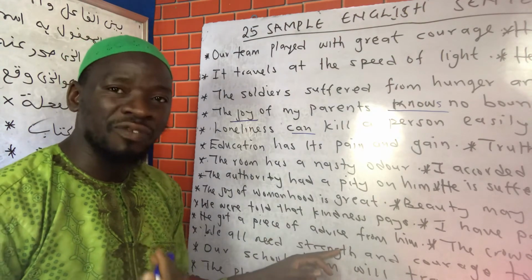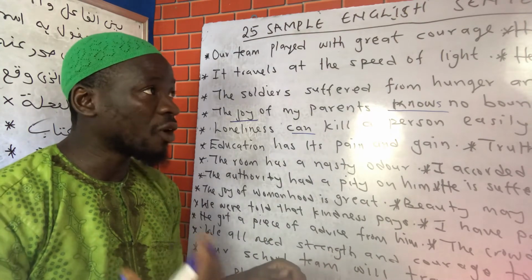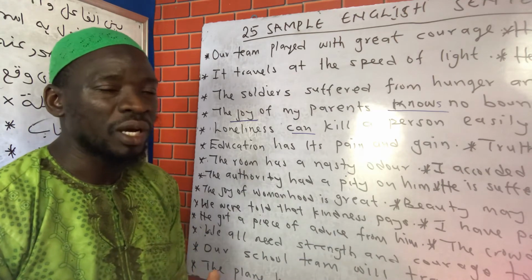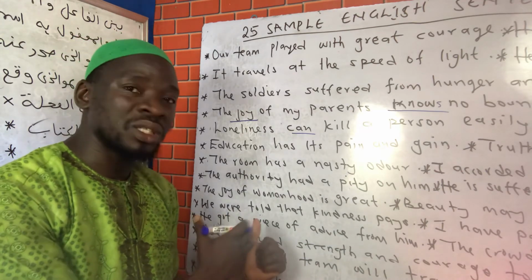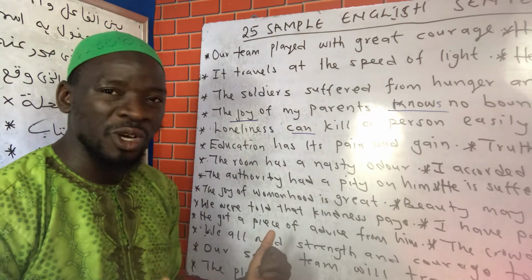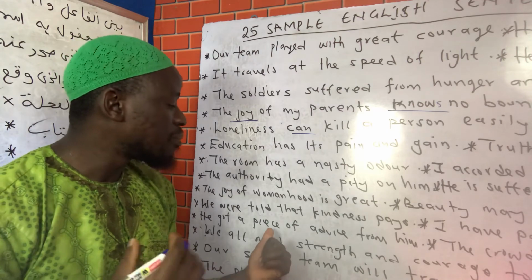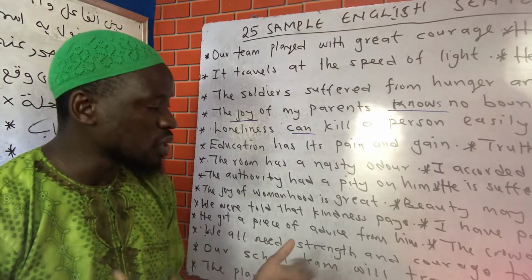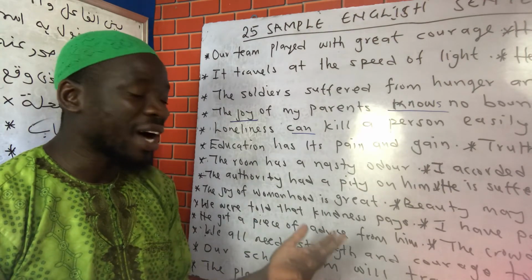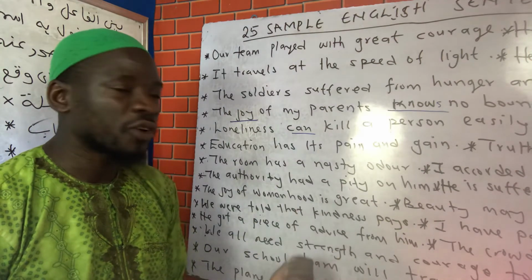So the word advice, information, and others like that, you don't add s to make them plural. You only have a word that is attached to them, like piece of information, piece. And the word news is also treated as singular. He got a piece of advice from him.